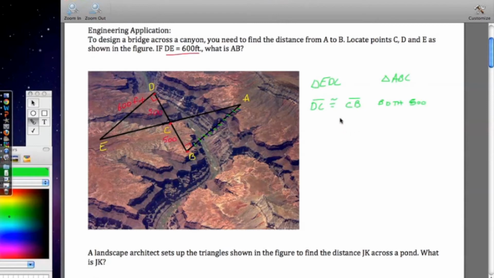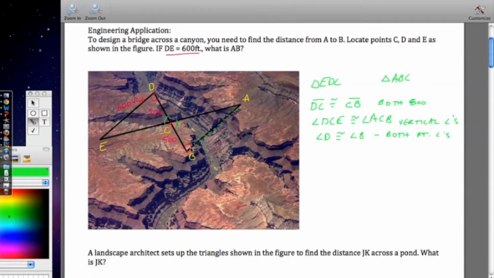We also know that angle DCE is congruent to angle ACB because they are vertical angles, right? We also know that angle D is congruent to angle B because they're both right angles.